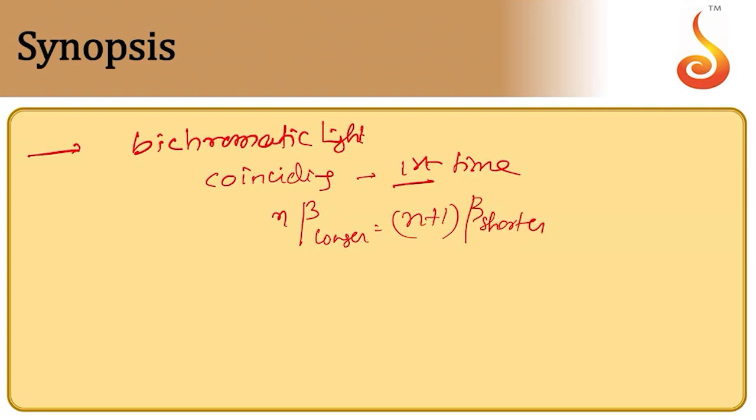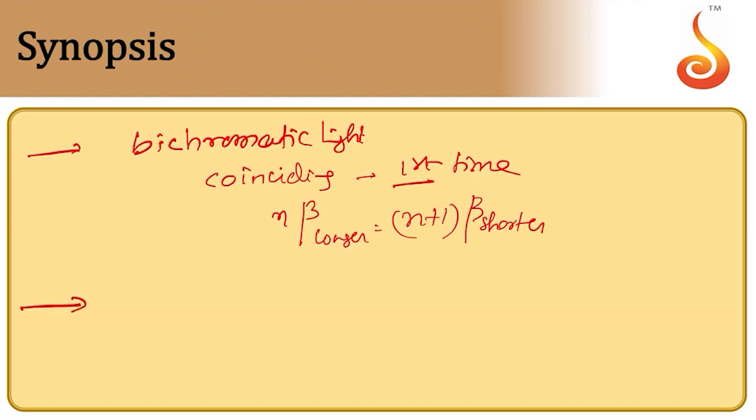That means the minimum value of n for which the fringes coincide is given by n into beta of the longer is equal to (n plus 1) into beta of the shorter.